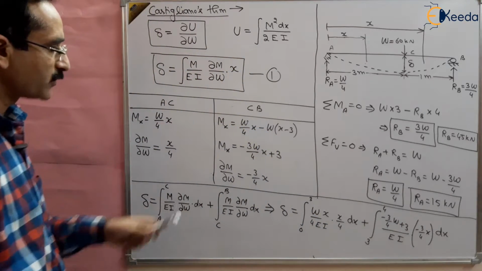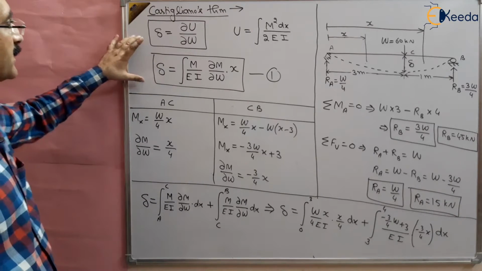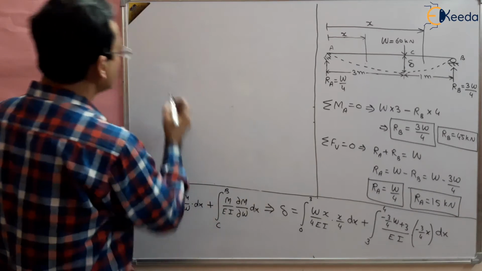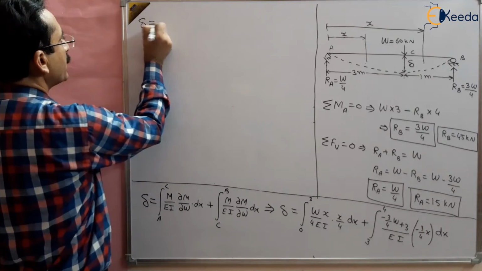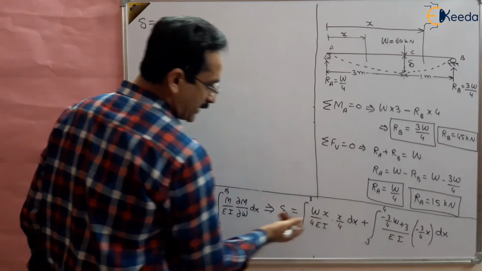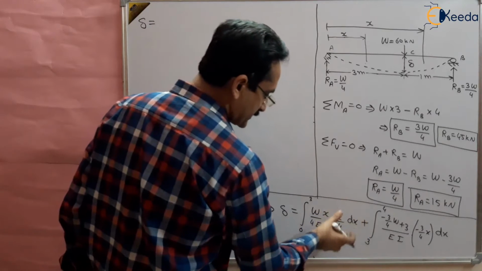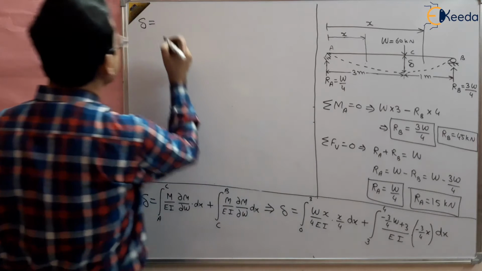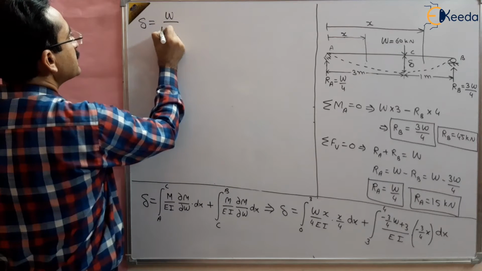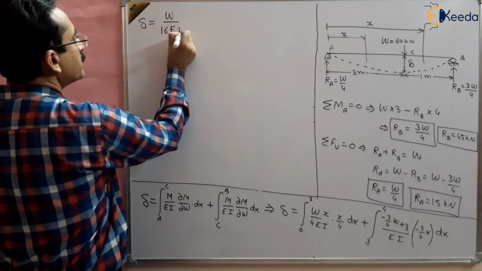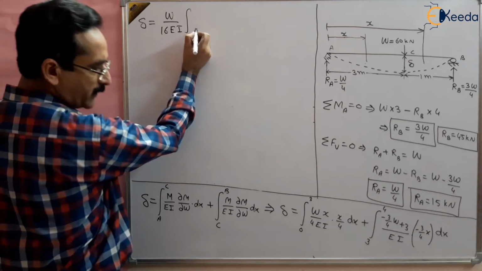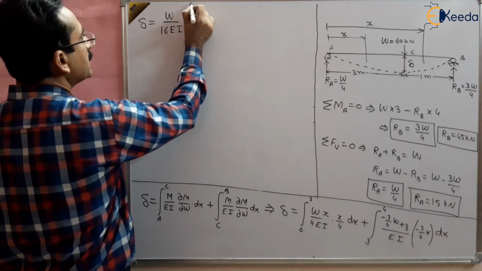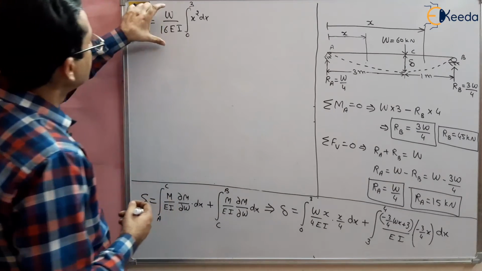We have to further solve it, and I am erasing this part. So delta will be equal to, the constant things can be taken out and the x terms will remain inside. So this will be W/16 EI, integration of x² dx from 0 to 3. So this is the first term.